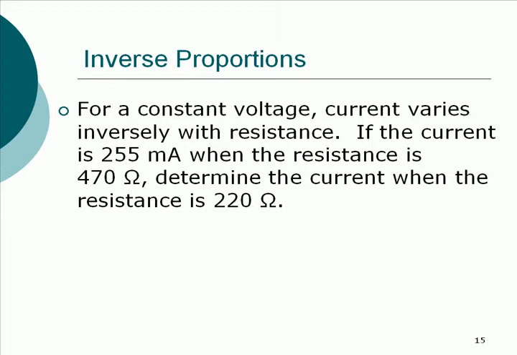We're going to solve the same problem, but now we're going to use the K method. That look okay? Same problem, now using the K method. This time, we know that these two are inversely related. So here's what we've got to write.